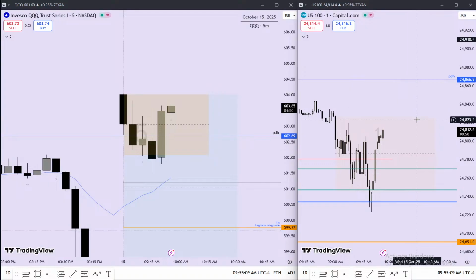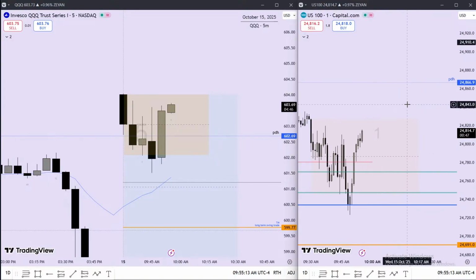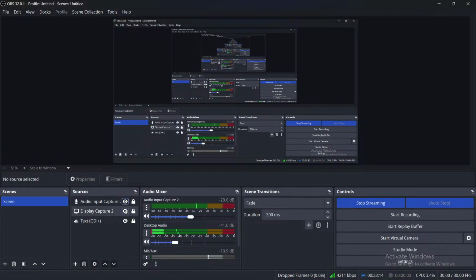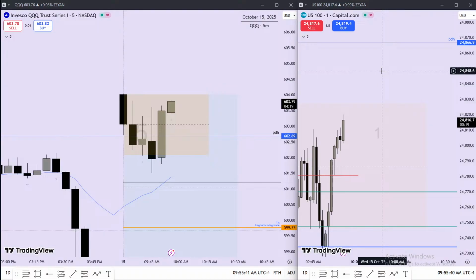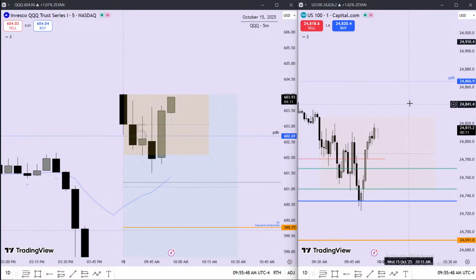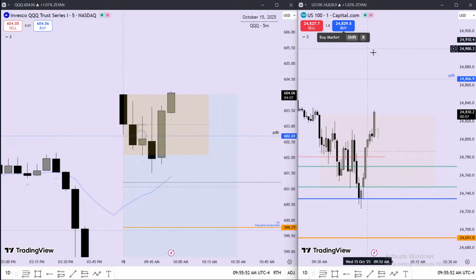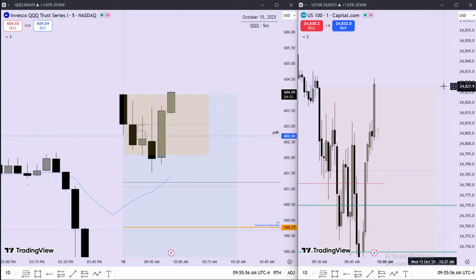Might try to take a long. Once we close above this point, if I get stopped out again, I am not trying another long or another short.